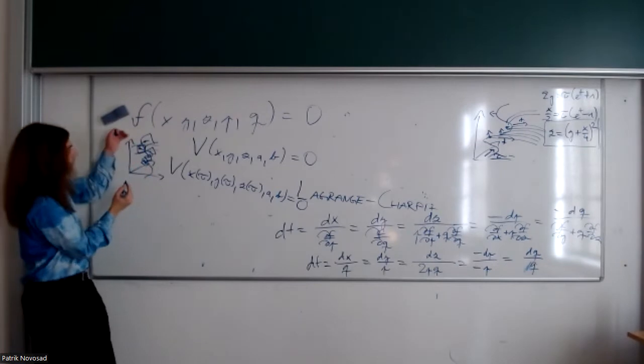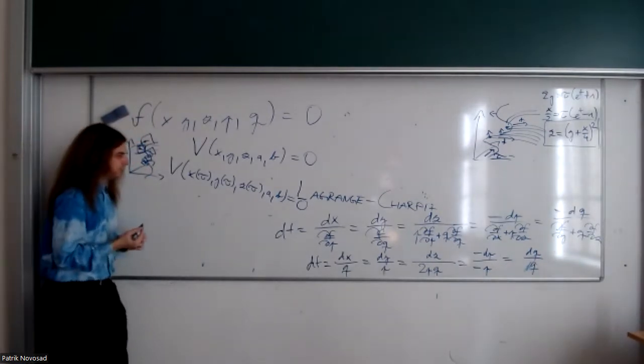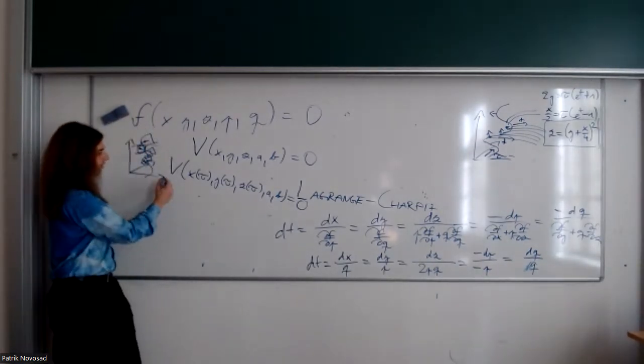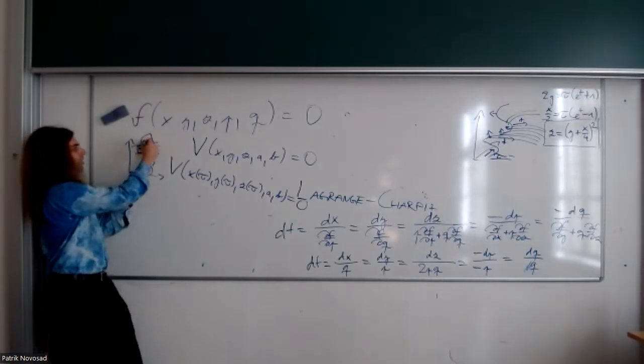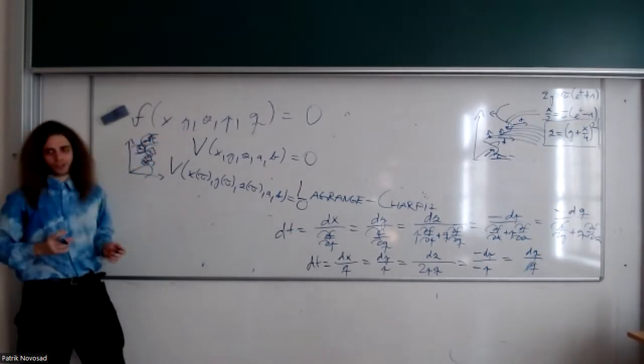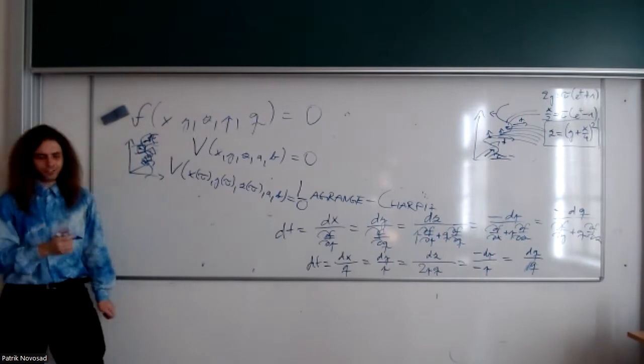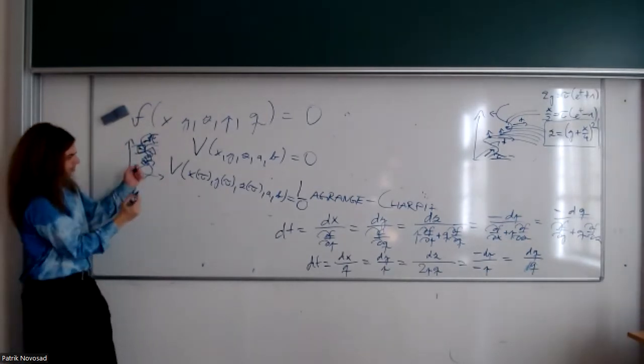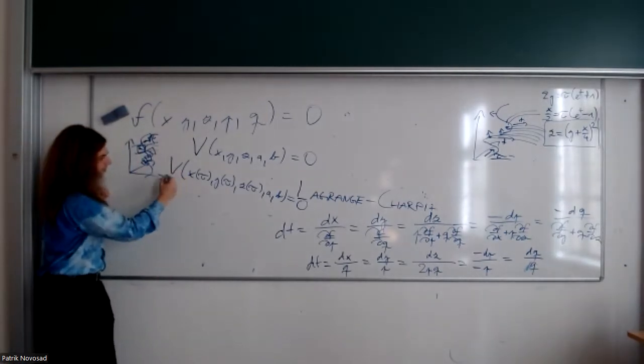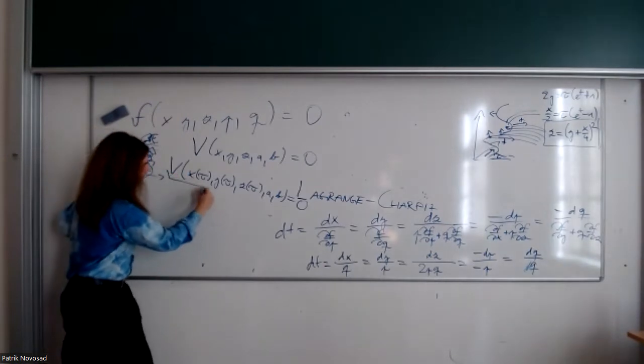And then at each point it should also be tangent. So if I make a very little step in the tau direction, so along the curve, we still need to have this equality.